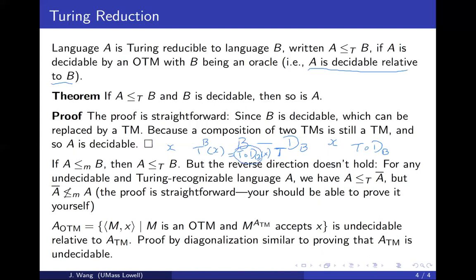So that means this Turing machine decides A, because if X is in A, this Turing machine returns yes. If X is not in A, this Turing machine returns no. So that's why A is decidable.